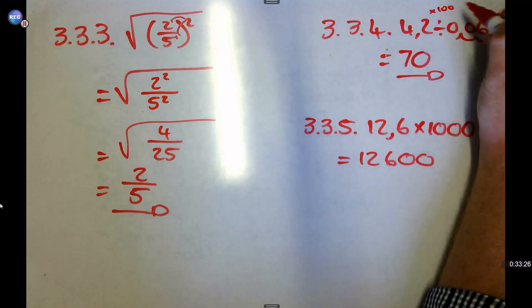Okay. Now we carry on and we say 10 divided by 0,01. And that would give you an answer of 1,000. Okay? Answer of 1,000.